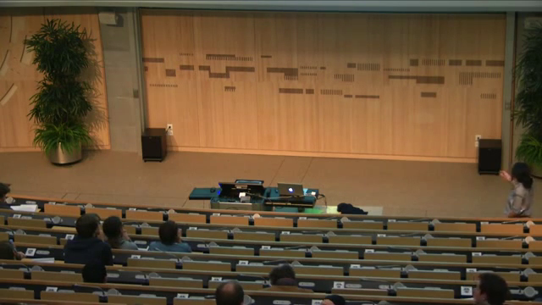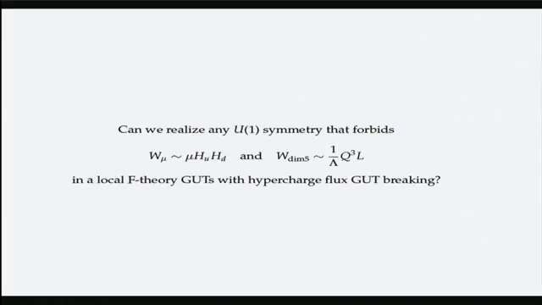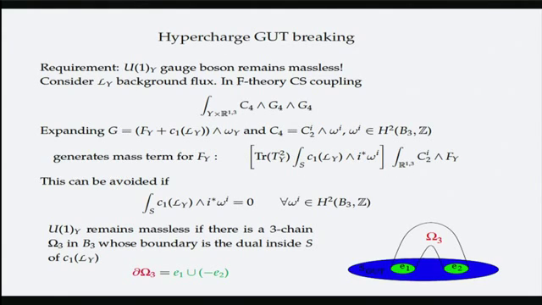Once that's satisfied, this mass term disappears and the hypercharge gauge boson remains massless. So this GUT breaking is up to this requirement on how you embed it into B3. It is a very generic thing you can do, and definitely in the local models it doesn't constrain the models. There's a restriction only once you embed it.